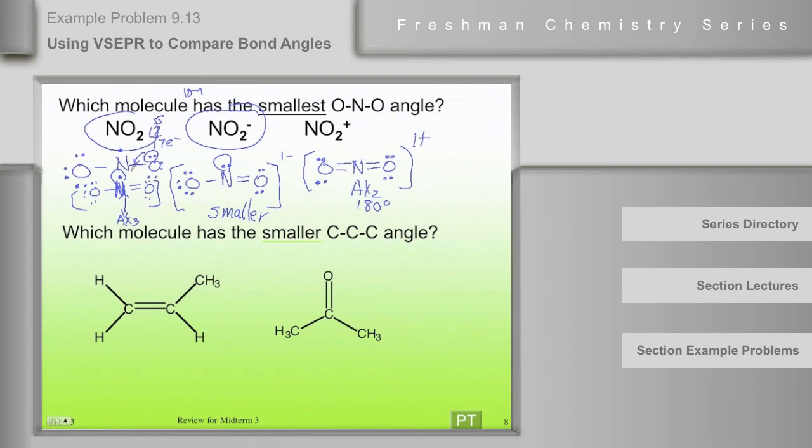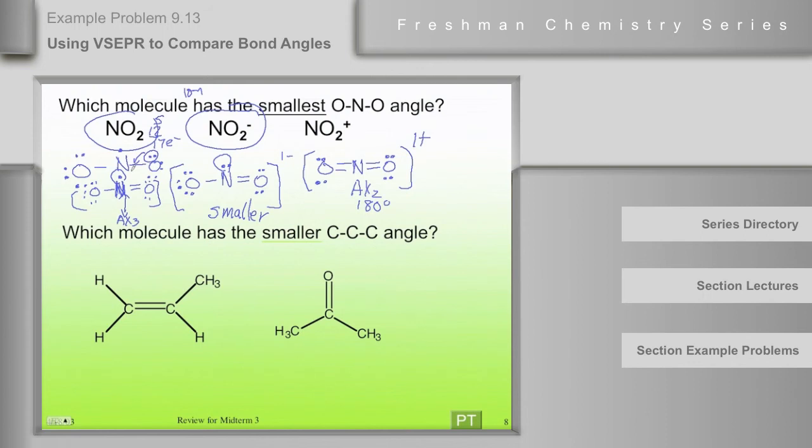Okay, does anybody have trouble following that, or do you need clarification? Yes. NO2 minus has one additional electron over NO2. NO2 plus has one less electron. So NO2 minus has 18 electrons. NO2 has 17 electrons.